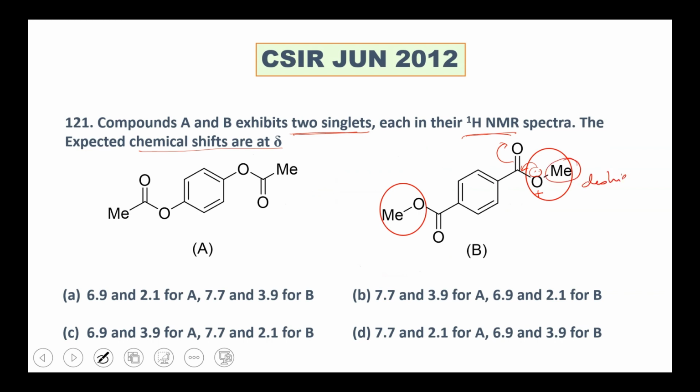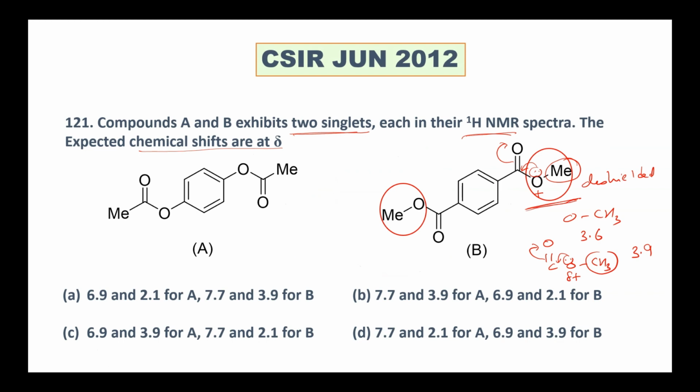Generally the O attached CH3 will be 3.6, but when you have O followed by C double bond O, you have electron withdrawal with the C double bond O. This oxygen gets the positive charge, therefore the methyl will be highly de-shielded. It will come around 3.9 to 4. So the compound B should have the methoxy around 3.9. So 3.9 is right. Option C is gone and option B is gone.